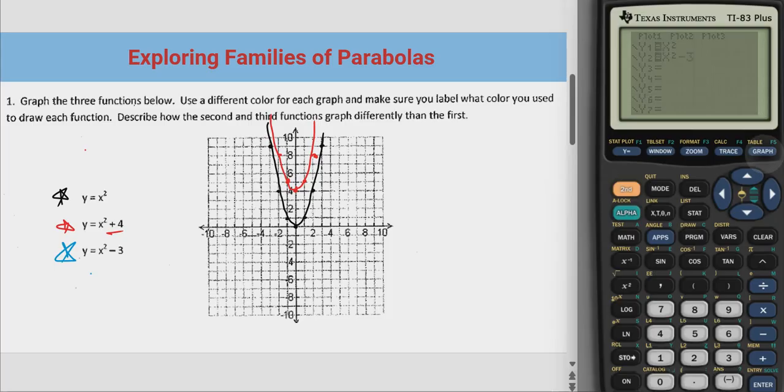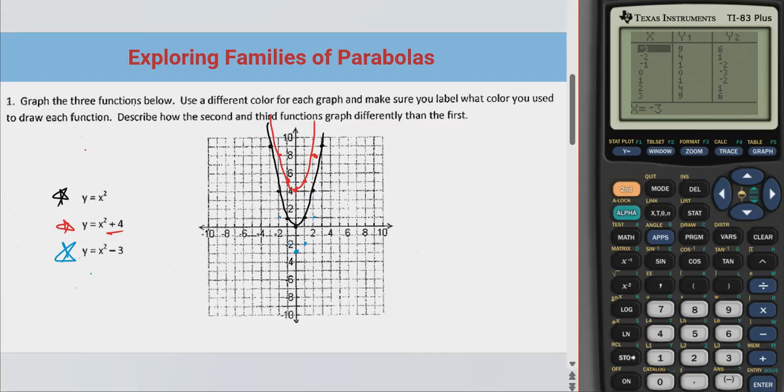So if I hit graph again, it's x squared, and then I have my x squared minus 3, which moves that original graph down 3, right? And I could actually plot a lot of points on this coordinate plane because I have a lot of room, but I'm not going to graph them all. I'm just going to graph some of them here.